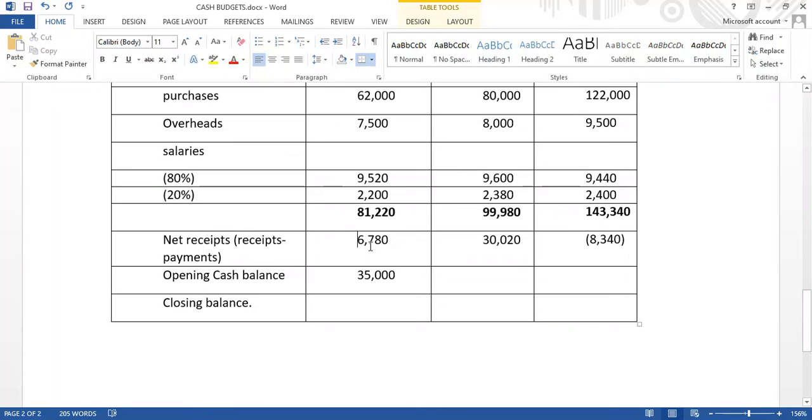So 6,780 plus 35,000. We get 41,780. All right. So, as I stated earlier, the closing cash balance of April will be the opening cash balance for May.